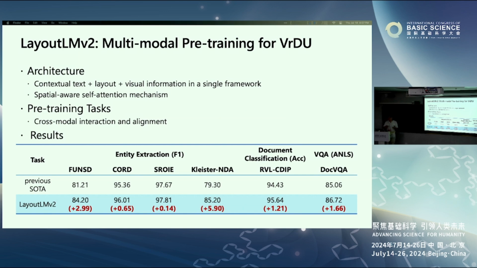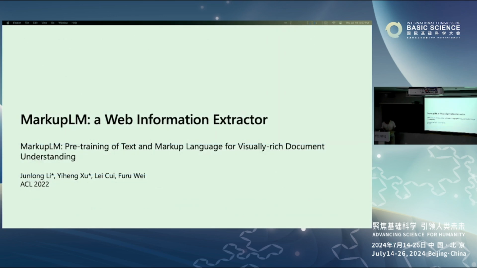And with 3 different cross-modal interaction and alignment tasks, the model can actually learn a very good representation during pre-training. And here is the result, and we can see that beyond the DocVQA benchmark, we can actually get better performance on all of various tasks. Yeah, so that is the version 2 paper.